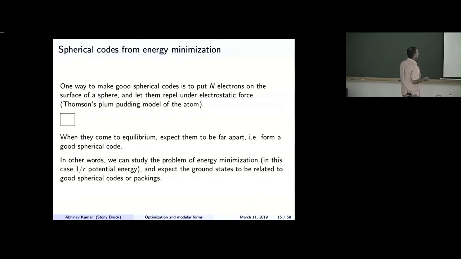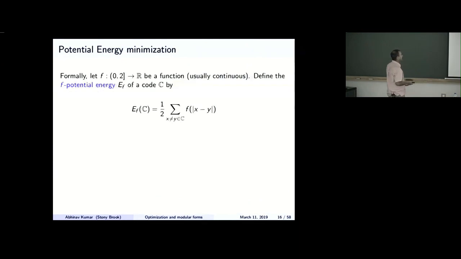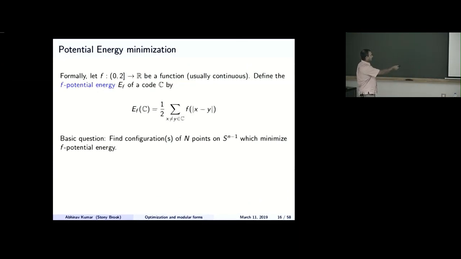So when they come to equilibrium, you expect them to be far apart, forming a good spherical code. And so you can use this energy minimization to heuristically get good spherical codes. And similarly, in Euclidean space, you can try to get good sphere packings. And again, you can write down the energy function. This should be not a complex number C, but a script C. For a spherical code, you can write down its potential energy this way.